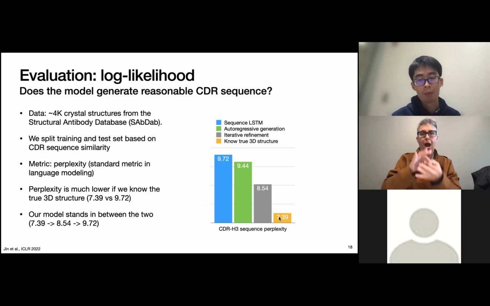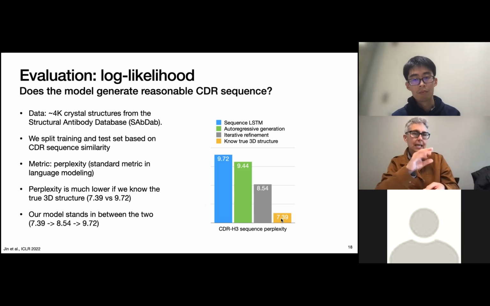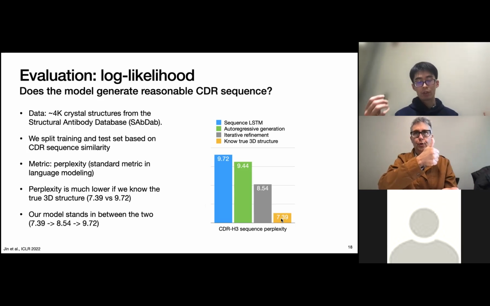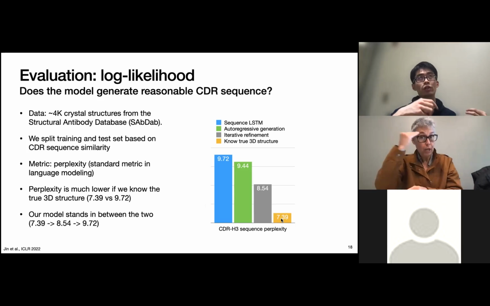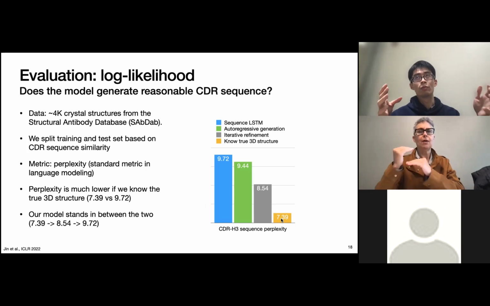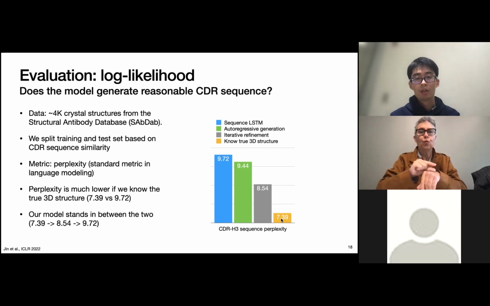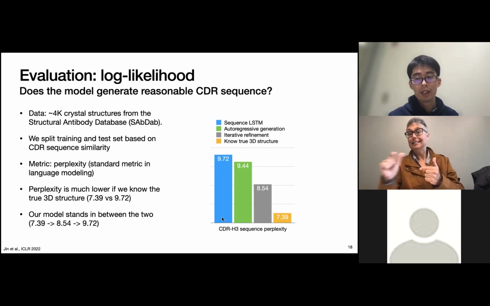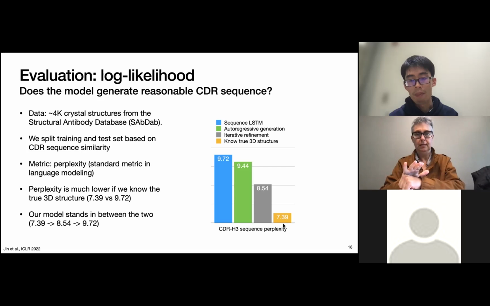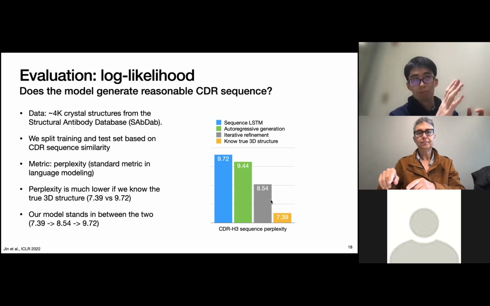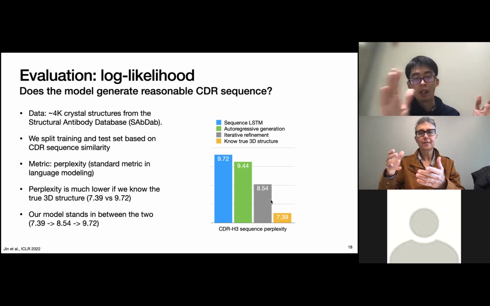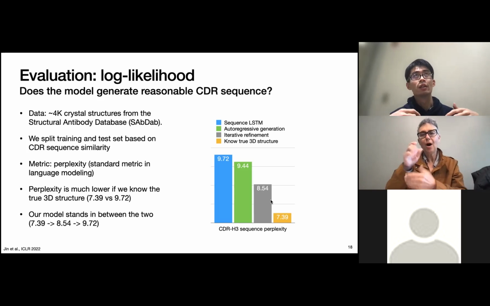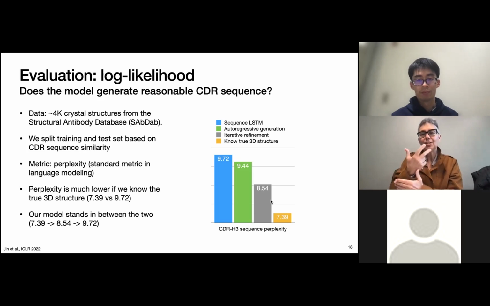And you can see here the perplexity is much lower, because the 3D structure is given, and the 3D structure will constrain what kind of residues could be there, right? So our model performs between the two. We have the sequence-based approach that ignores the 3D structure completely, while we are in the sweet spot between the two. That's because we leverage this 3D structure as a latent variable.